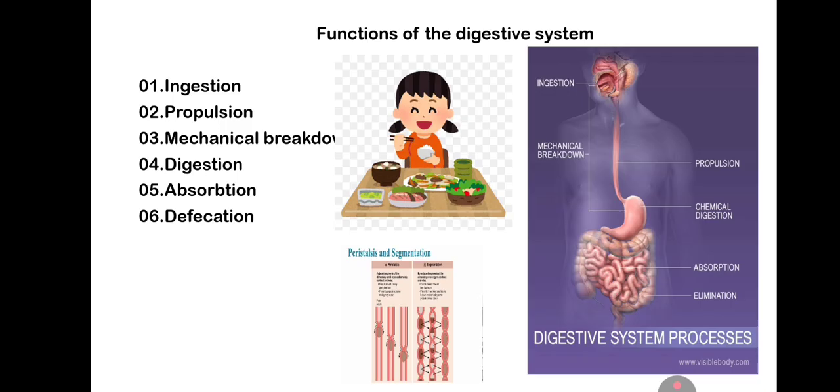Here in the second picture, you can see the segmentation, or the successive local constriction, in the GI tract. The third one is mechanical breakdown. The teeth in your mouth and saliva help to break down the food using digestive juices.